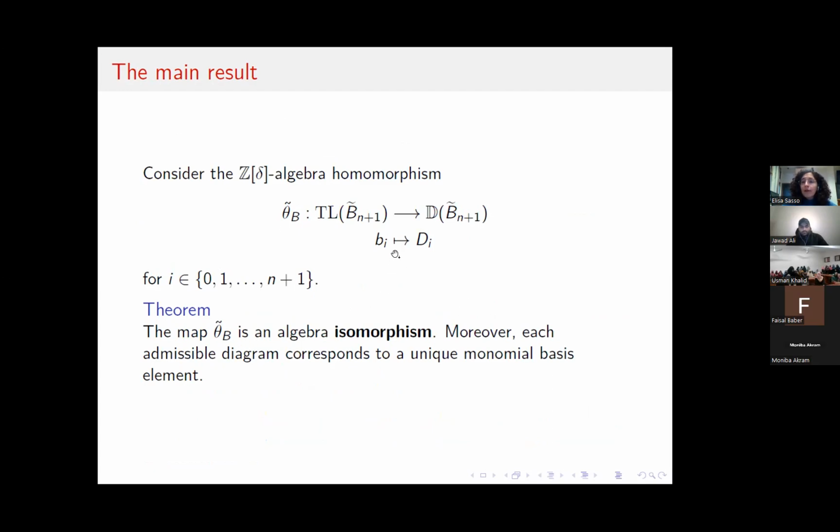And moreover, do you remember the admissible diagrams, the diagrams that form the basis of the diagram algebra? We can associate a unique element of the monomial basis to each diagram, that basis indexed by the fully commutative elements of type B.